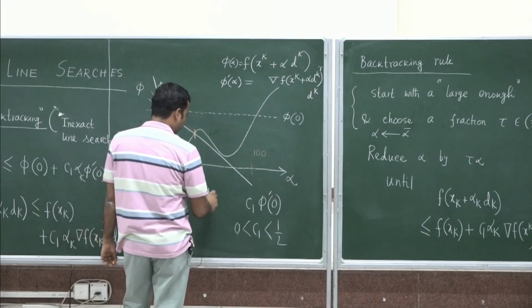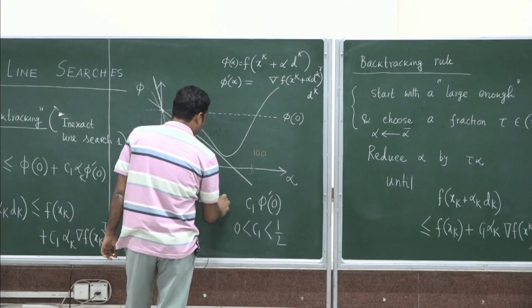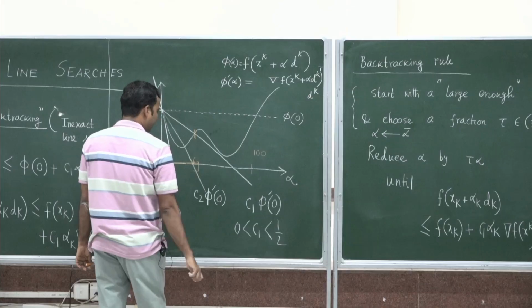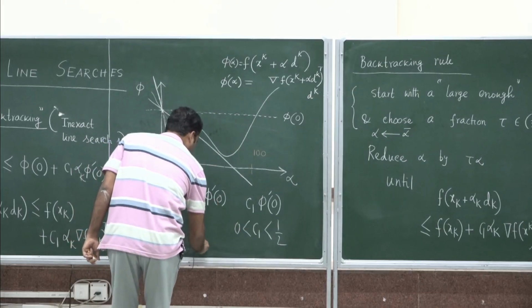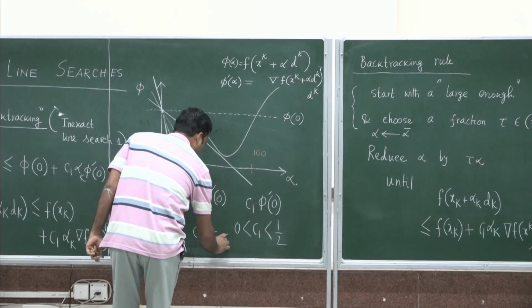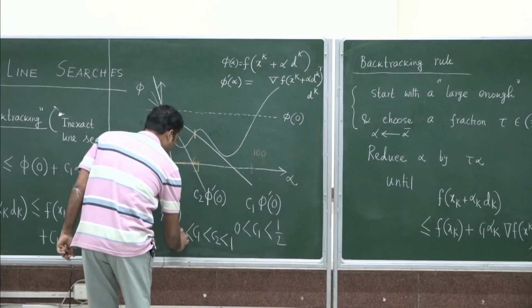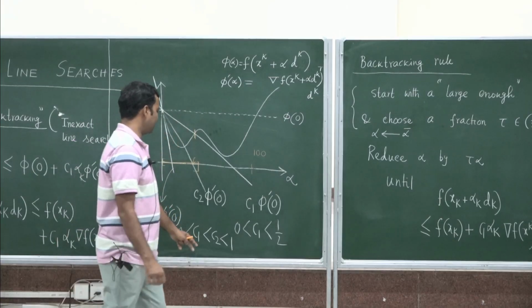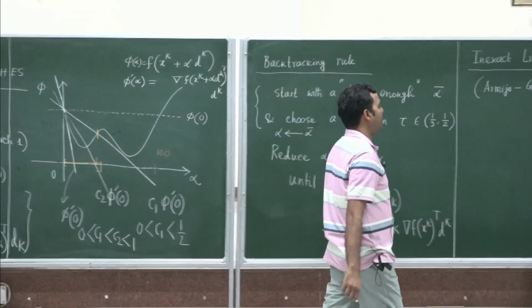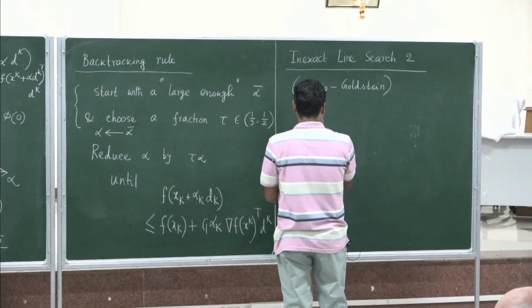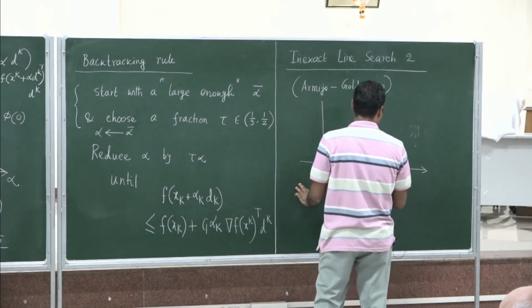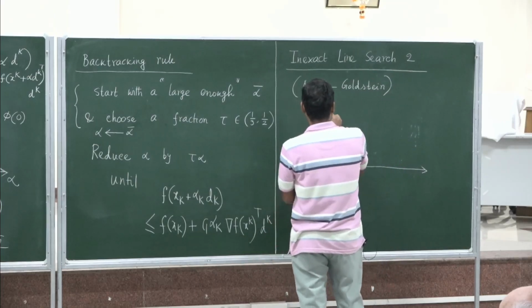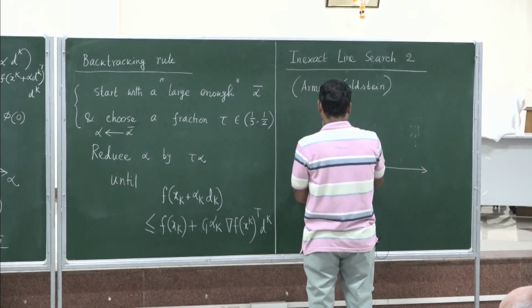So you choose C2 times phi dash 0 to be the slope of the line, where C2 is bigger than C1, so C1 less than C2 less than 1, and bigger than 0. Under this condition, the step length is not very small, as well as the function value decrement is substantial.